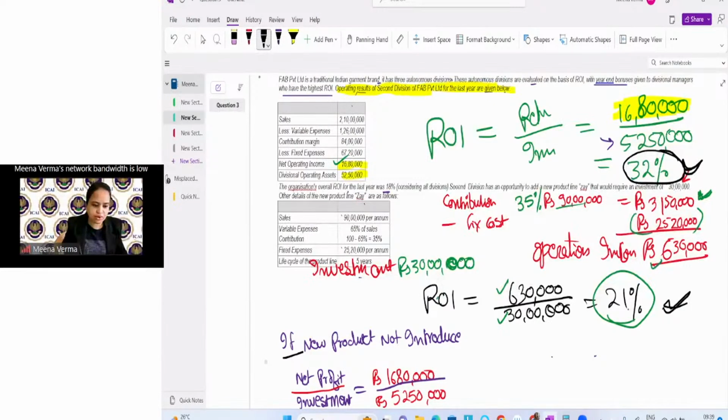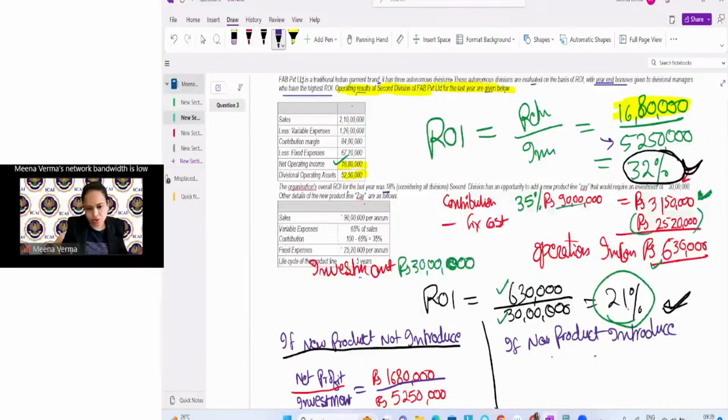Okay. Now next condition is that if new product was introduced. So if the company introduce a new product, what will happen? The net income will change. So what is the net profit? Now we will consider both.